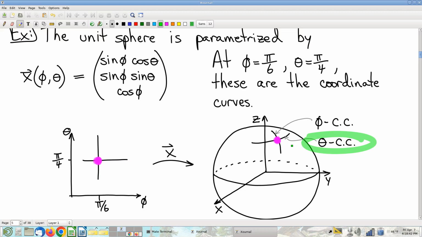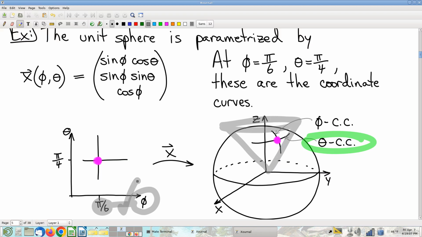The theta coordinate curve comes from fixing phi. We're going to nail down phi. Phi is now pi over 6. It's not allowed to change. It's no longer a parameter. It's just pi over 6. Period. Said differently, we are confined to that cone where phi is equal to pi over 6.